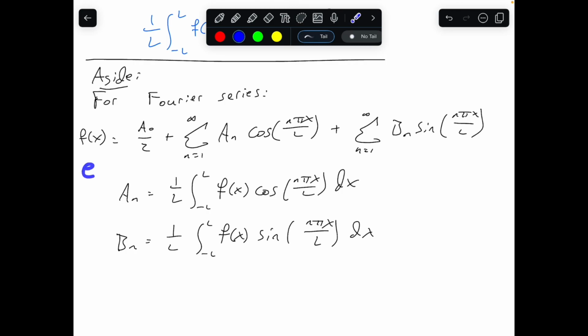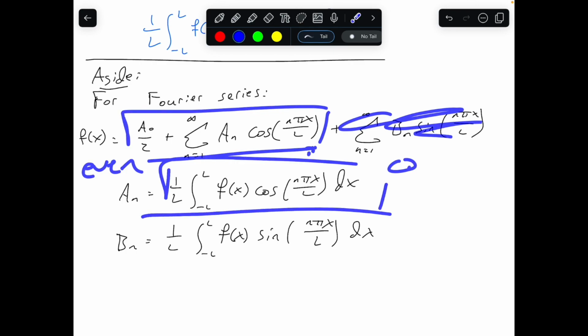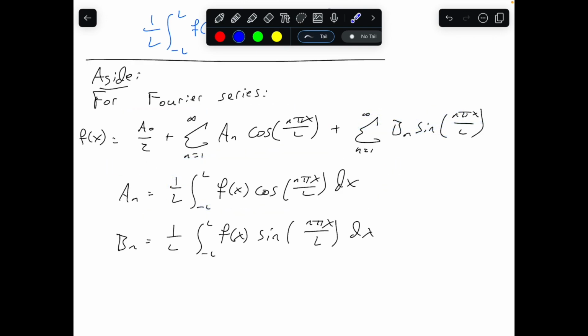Conversely, if f is even, then all of your b n's would be equal to 0, and these guys would not be 0. You can compute the a n's by doing the 2 over L times the integral from 0 to L thing. So if you know that your function is even or odd, then you can cut all of this work in half by only having to do the computations for the a n's or only for the b n's.